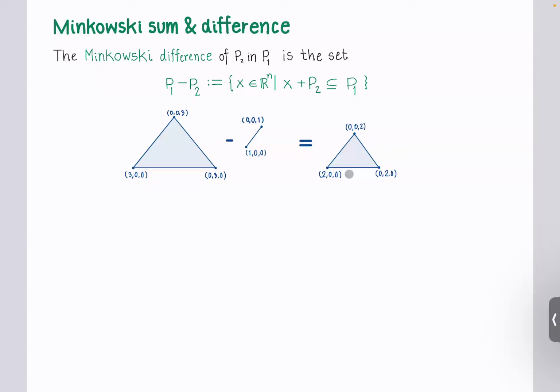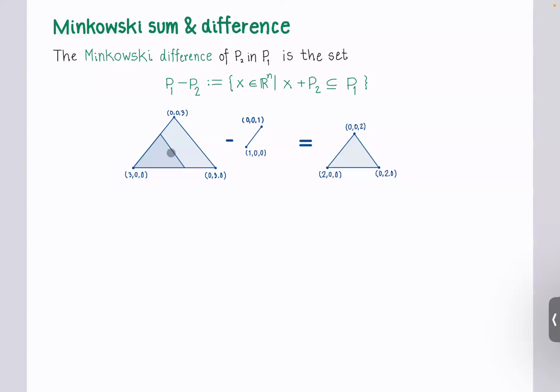So you may ask, how can you think of Minkowski difference? Here's how I like to think about it. You see this dark shaded region in P1 here, which is sort of the same thing as the result on the right. The way I think of Minkowski difference is that it's the region, a translation of the region in P1, such that when you move P2 around this dark region, P2 still lies in P1.